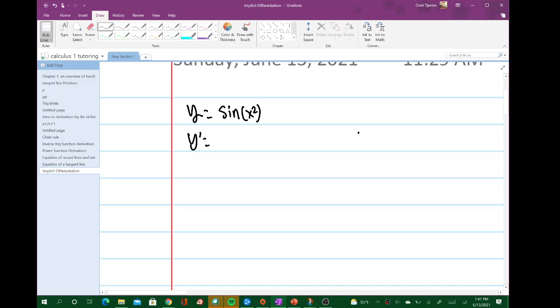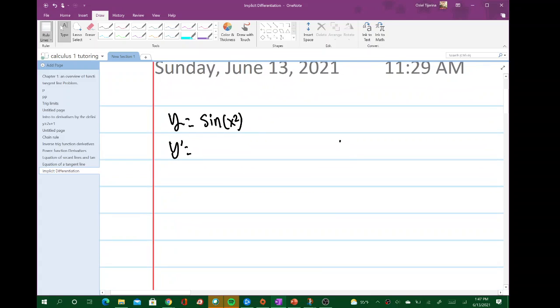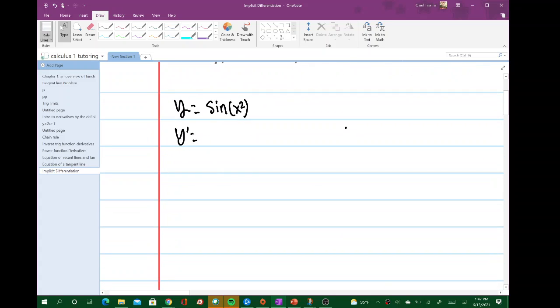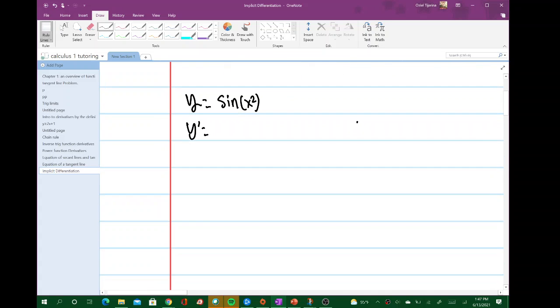Y prime is really the derivative of y, and we can also call it dy. So dy is going to equal cosine of x squared times the derivative of whatever's inside, times 2x. So dy will be 2x cosine of x squared.